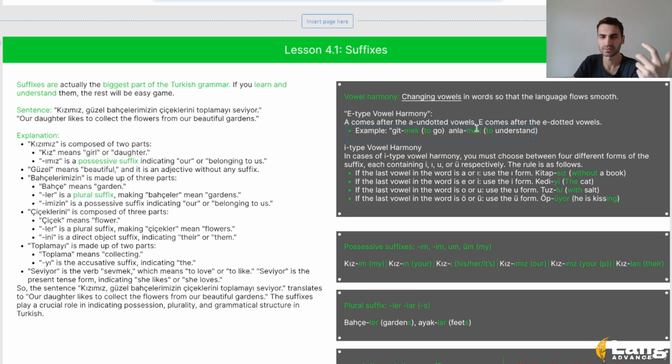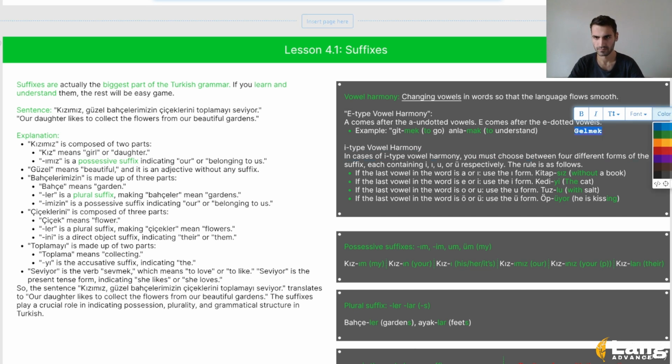E is dotted, so mek comes. Anlamak, A is A. The other one is also A. And for example, gelmek, because this E already, and the next one is E.